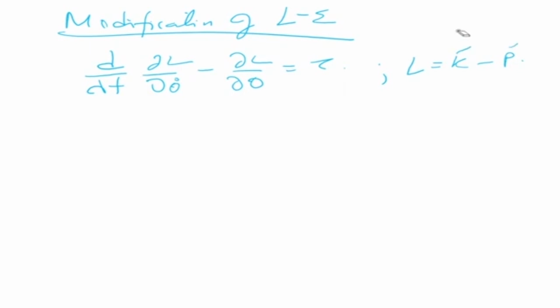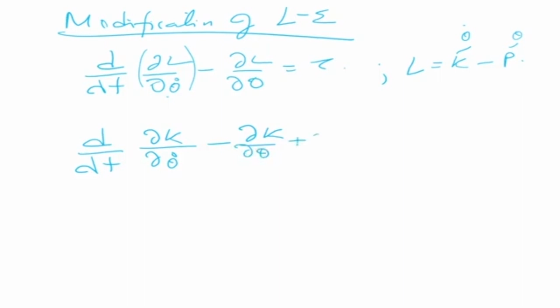So this fellow is made up of theta dot and this fellow is made up of theta. So this L, when we are differentiating with respect to theta dot, potential energy does not have theta dot, only kinetic energy has. So what I do is I write it like this: d/dt into dK/d theta dot, minus dK/d theta plus dU/d theta is equal to tau. So this simplification I can make, and it becomes easier to compute.